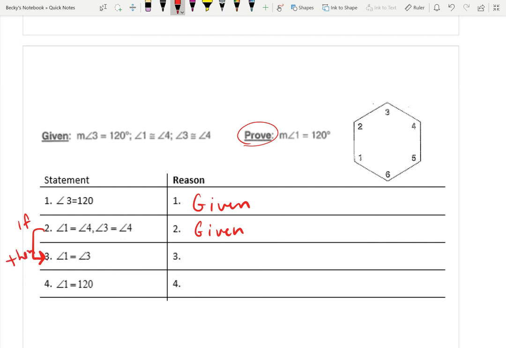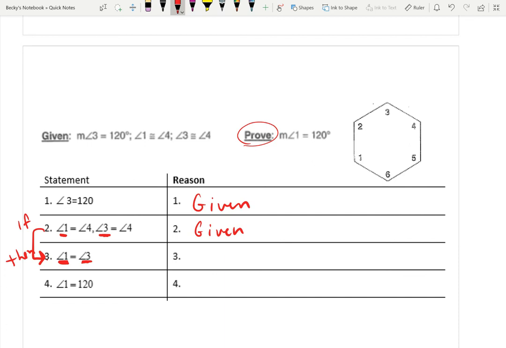What are you doing? Now, here's the situation. Here's angle 1. Here's angle 3. Now, for this honors textbook, he calls this substitution. I realize if you're working with a tutor, they might say it's a different property, but your textbook tells us to call this substitution.